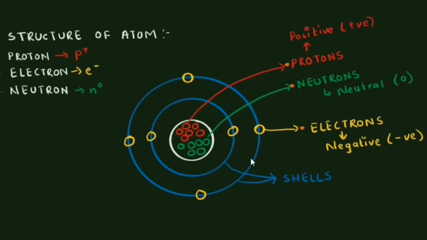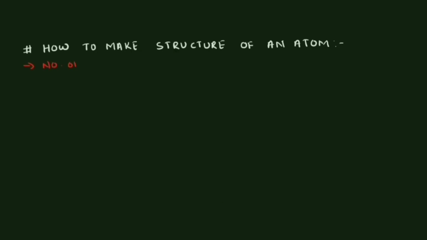Now that we know about the structure of an atom, let's make the structure of a particular atom, how to make the structure of any atom. To make an atom, first you need to know certain things about that atom. You need to know the number of protons and the number of electrons of that atom, which is always equal to its atomic number.